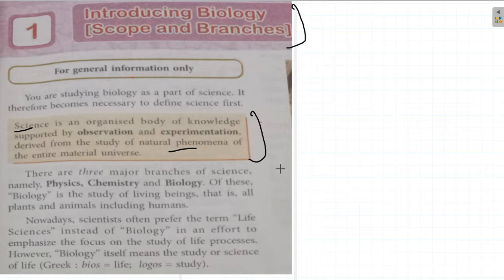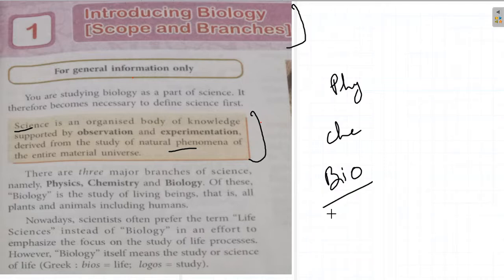There are three main branches of science: physics, chemistry and biology, as you all know.